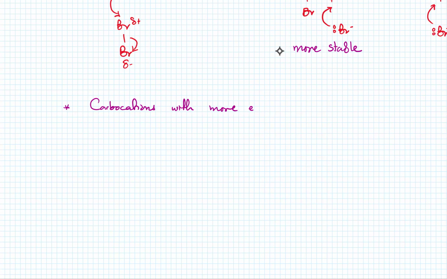The reasoning is that with more electron donating alkyl chains, they are more stable. Why? Because they've got a lower charge density.